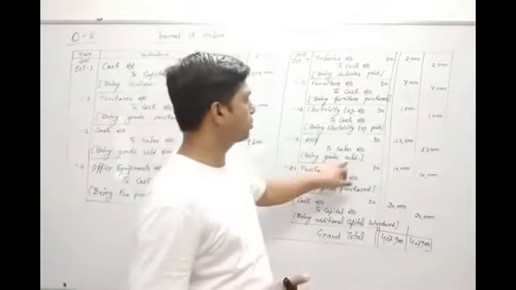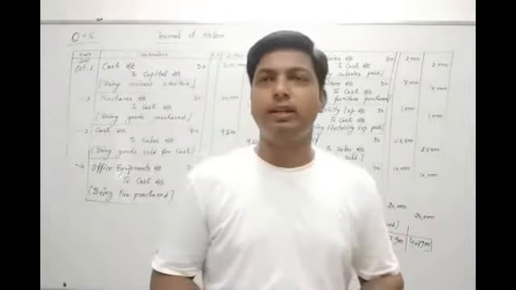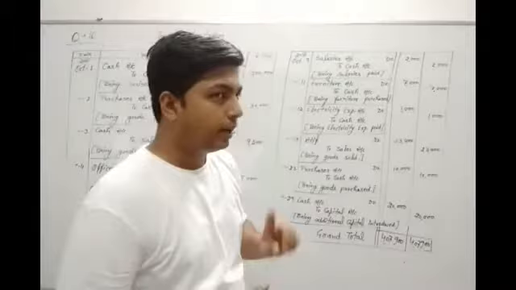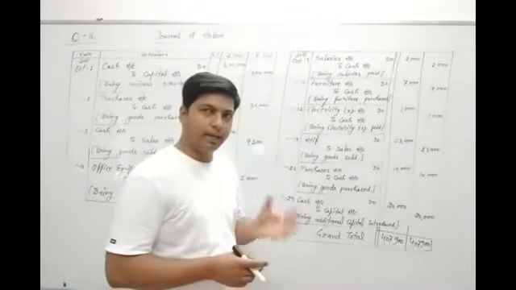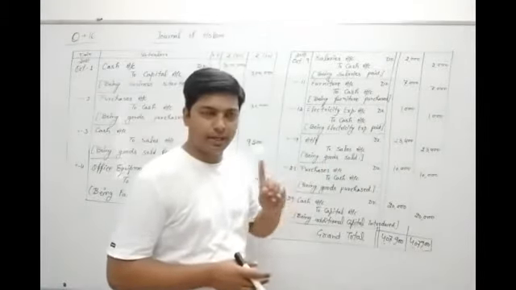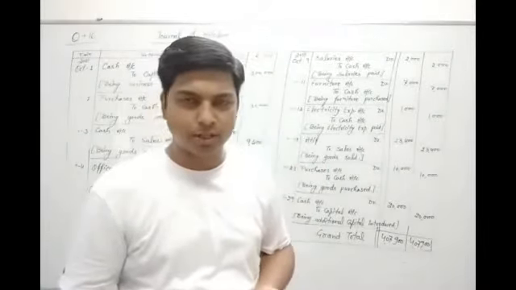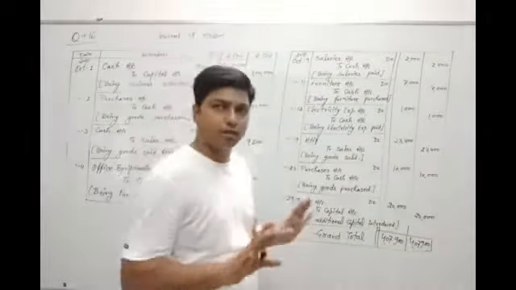Next, goods sold to Atif. If cash is not informed and only the name of the person is informed, it would be considered a credit sale or credit purchase. In case of credit sale or purchase, the name of the person will be used. In case of cash sale or cash purchase, the name of the person will not be used.